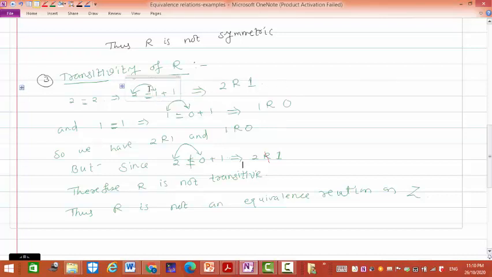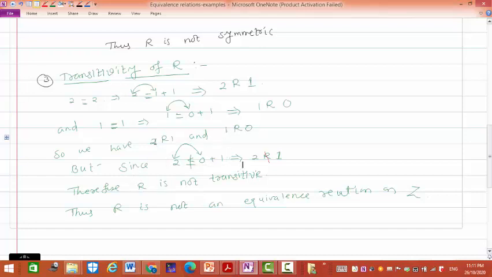So we have 2 equal to 1 plus 1, so 2 and 1 are related; here equality holds. Also we have 1 is equal to 0 plus 1, so 1 and 0 are related to each other. So we have 2 is R related to 1 and 1 is R related to 0.